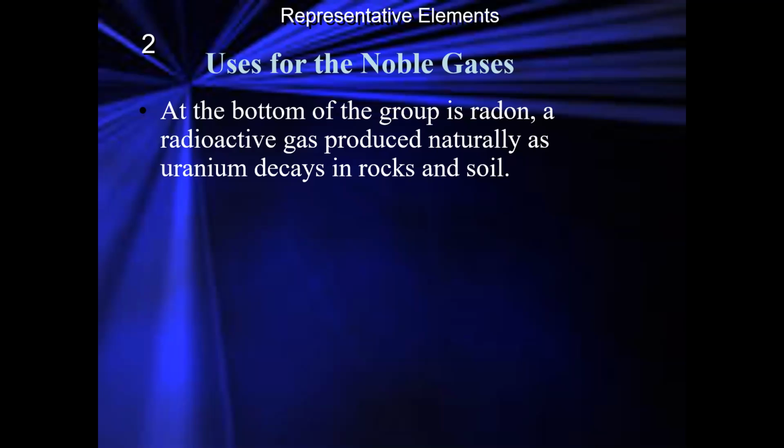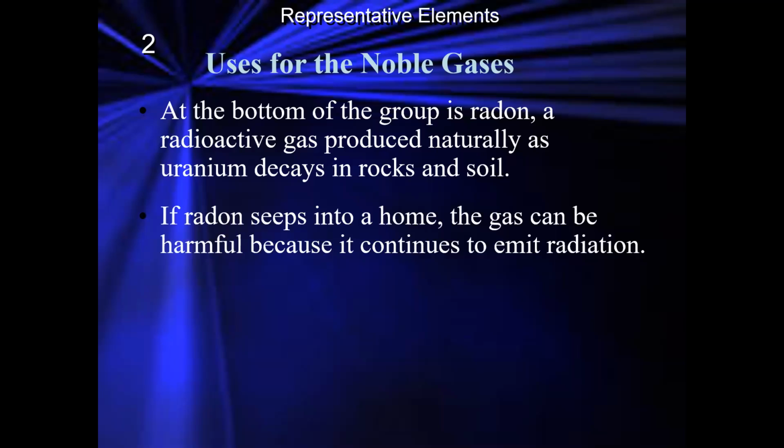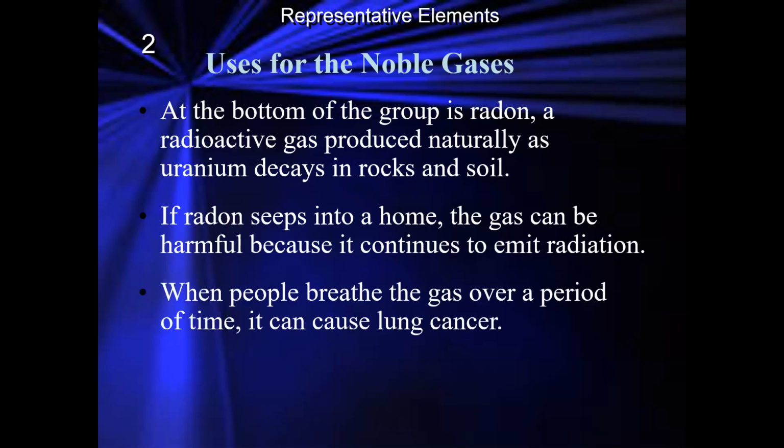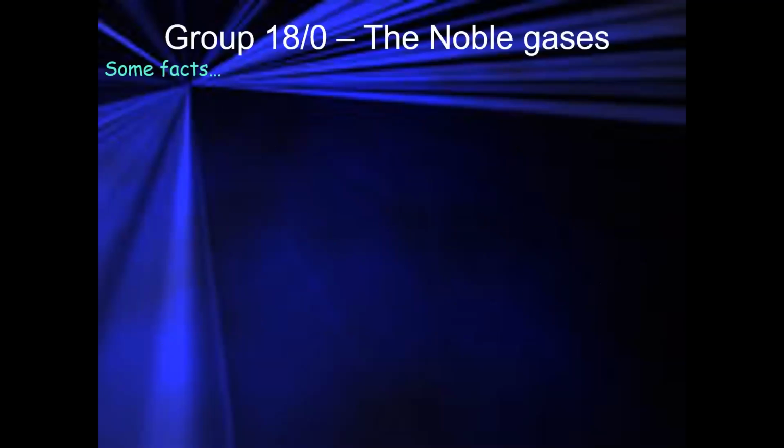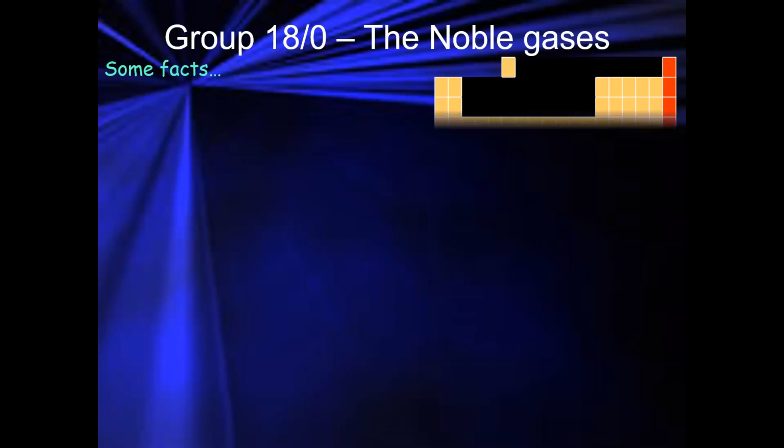When uranium decays, it forms two to three more products, and one of those products is radon gas. If radon seeps into a home, the gas can be harmful because it continues to emit radiation. When people breathe the gas over a period of time, it can cause lung cancer. So it is a very dangerous gas.